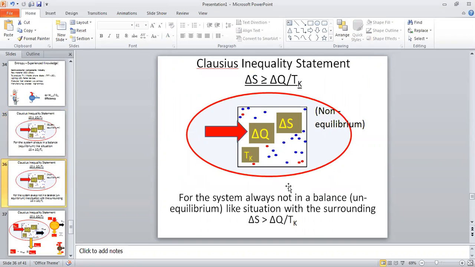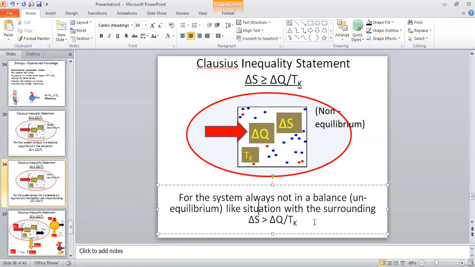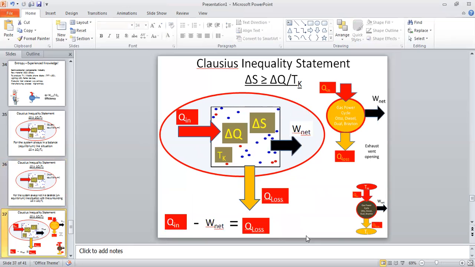You should know this. Greater means not in balance: the temperature difference between the surroundings and the system is not negligible, so the system is not in equilibrium with the surroundings.